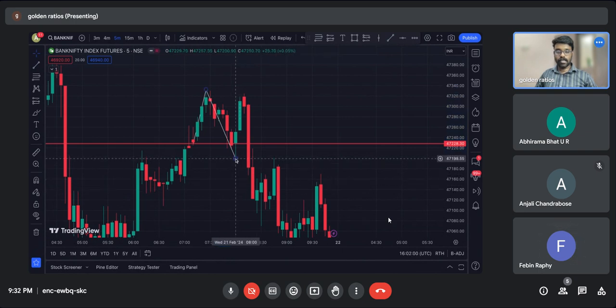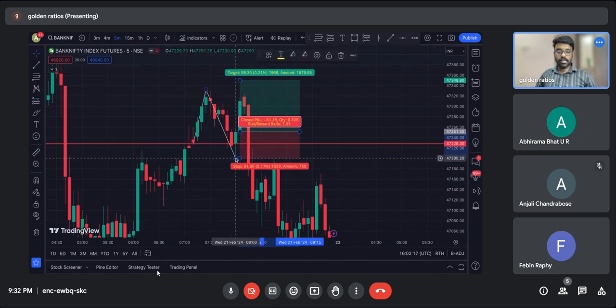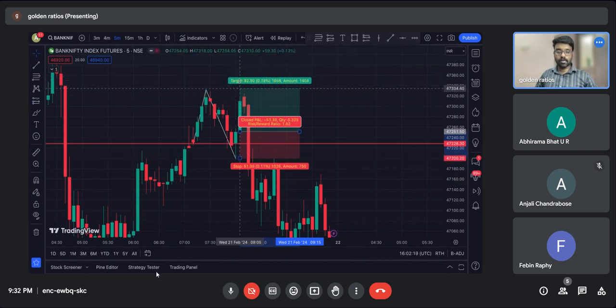Pushed down till here. Then what did the market do again? Market closed again with the body of a green candle. So again, what will they do? They will enter here at the closing, and they will keep their stop loss over this previous low, and they will keep a 1 is to 2 target.